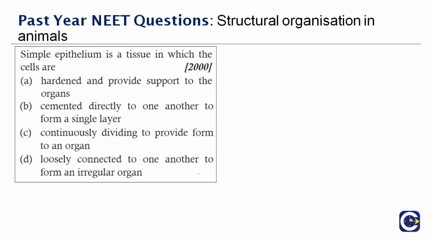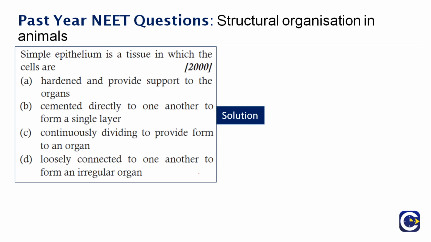Okay. Next question here. Simple epithelium is a tissue in which the cells are dash. Again, this question was asked in the year 2000. So we have to analyze option by option. Is it hardened, providing support to the organs? No. Cemented directly to one another to form a single layer. Continuously dividing to provide form of an organ? No. Loosely connected to one another to form an irregular organ? Wrong.